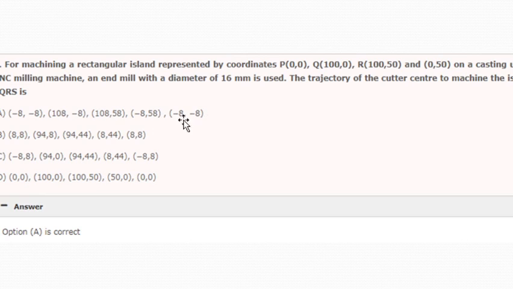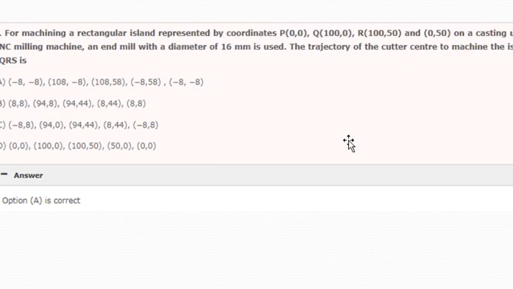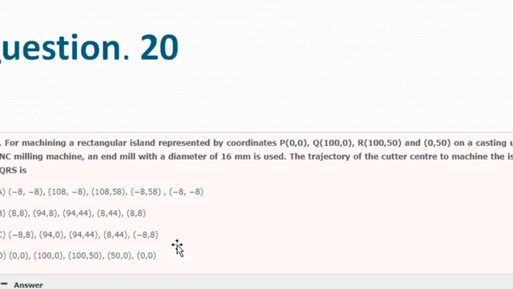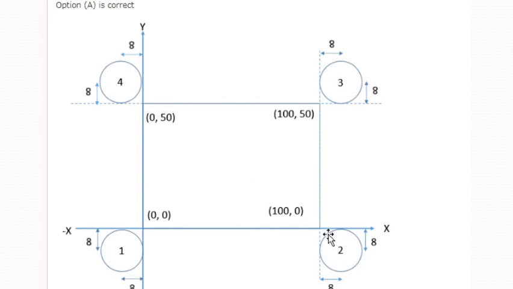How did you calculate these coordinates? It is the origin, it is the center of the cutter. We have to subtract 8 units along the x direction, and the same thing along the y direction. We have subtracted from this origin minus 8. Suppose first minus 8 comma minus 8. Similarly, this point, coordinate Q is 100, therefore 100 plus 8 is 108.